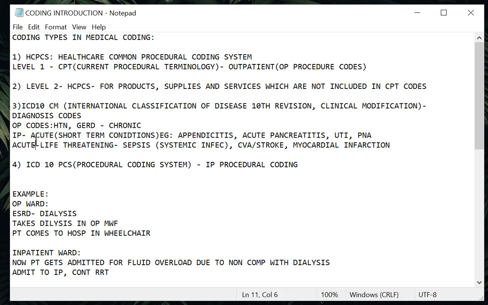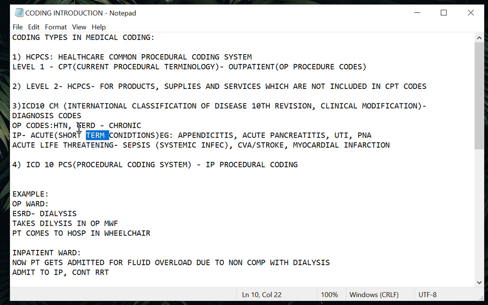What is a chronic condition? Lifelong. For example, if the patient is diagnosed with hypertension, GERD, and sometimes diabetes, all these conditions are considered chronic, meaning long-term conditions. If the patient is once diagnosed with this kind of condition, lifelong he will be on medications. Okay, that is what we call a chronic or long-term condition.